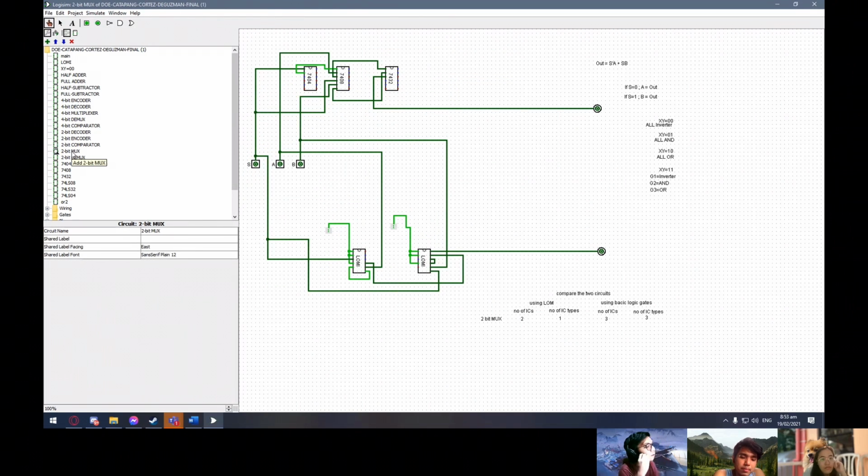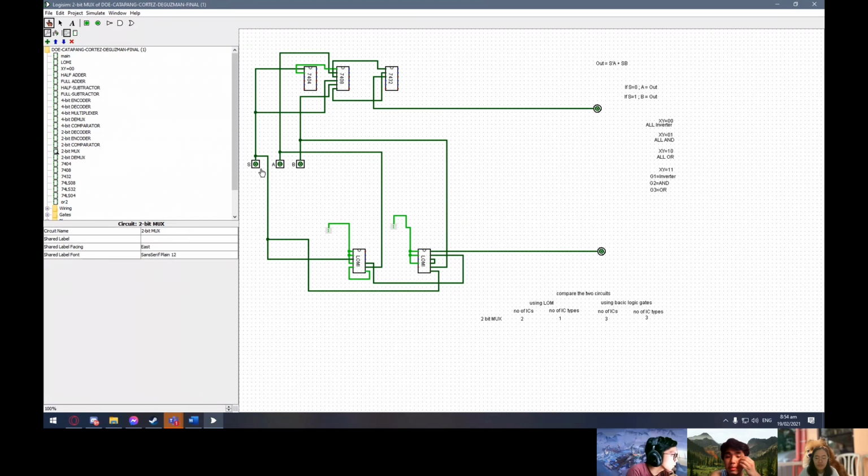So for the 2-bit multiplexer, it is also known as a data selector, and it selects between several analog or digital signals. So the output is S' A plus SB.